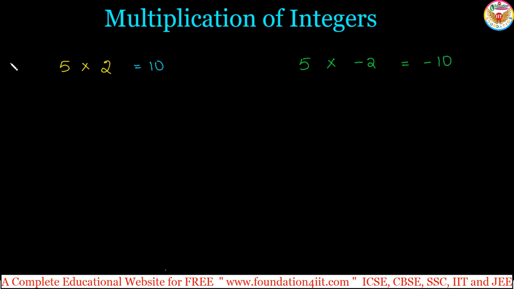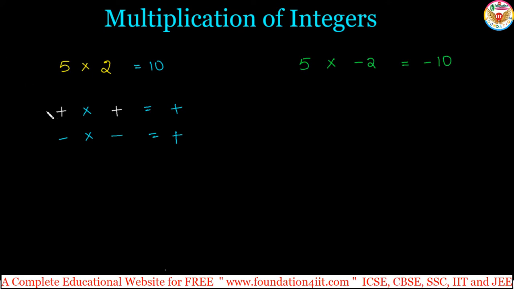To understand this, I'll give you a simple formula. The product of two integers of the same sign is always positive. That means plus into plus is positive, and minus into minus is also positive.